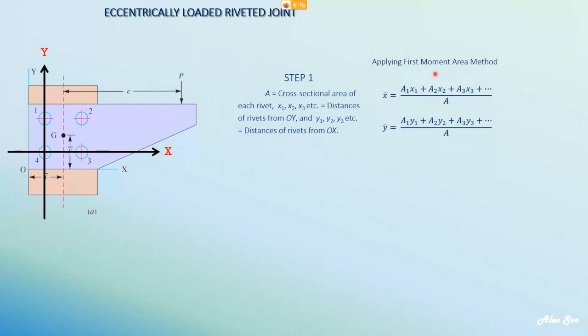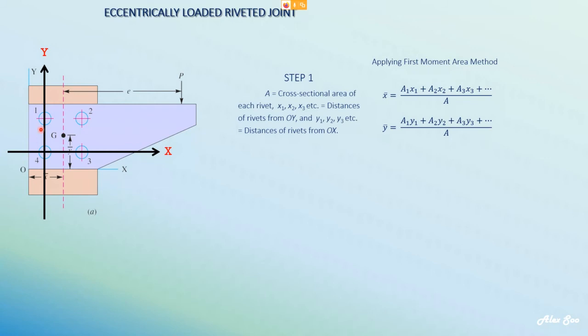This is the first step you must do, finding out the coordinates of the center of gravity, X bar and Y bar. Now these rivets here are arranged in this manner and it is symmetrical. So if it is symmetrical, we actually don't need to apply the first moment of area in finding out X bar and Y bar.